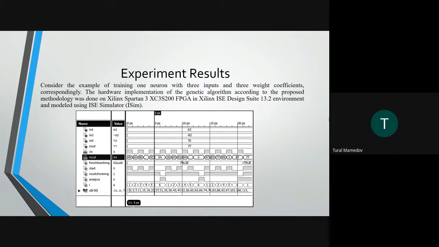Start, for example, launches the process that forms the output of the network for each new set of weight coefficients. For example, I is the number of chromosomes on the basis of which weight coefficients were formed before the launch of the process forming the network output.